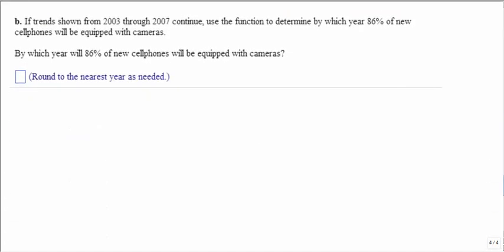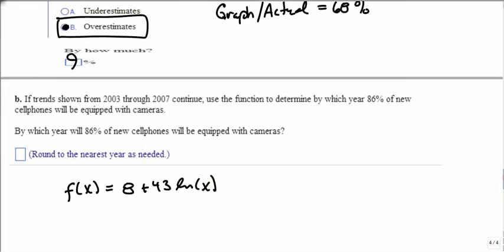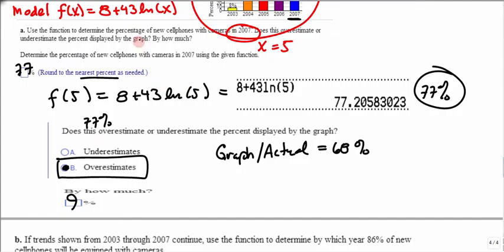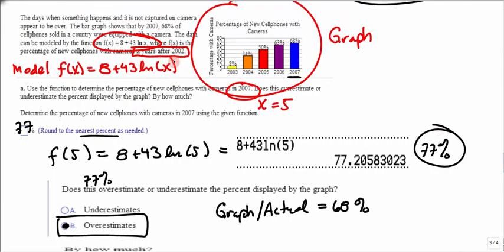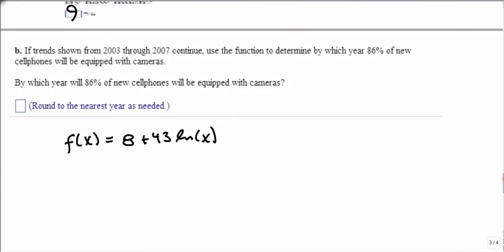So if we remember, our model was f of x equals 8 plus 43 times the ln of x. Okay, so if we go back and look, let's see what x stands for. x stands for the number of years after 2002.